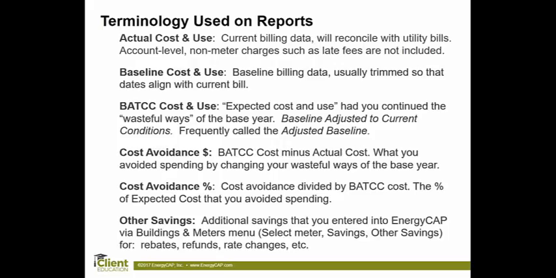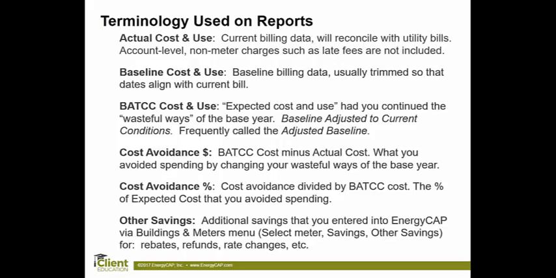And on some reports, you'll see a terminology called other savings. Other savings is an EnergyCAP feature where you can enter savings directly into EnergyCAP that are directly included on reports for things that are not part of the normal M&V process. Let's say you got a rebate. The utility company sent you a check for some reason.